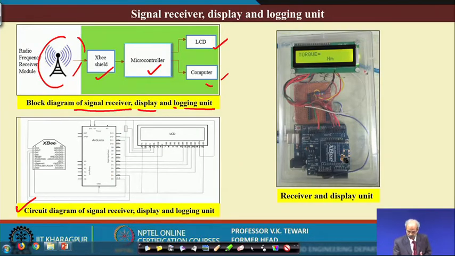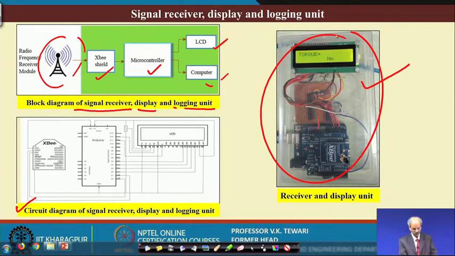This is the receiving unit, this is the actual unit which is shown over here in these details. These are the details of the block diagram and the circuit diagram, and here is the actual unit. So, this unit is then connected, and once it is tested you can see what the result is and what we get out of this.